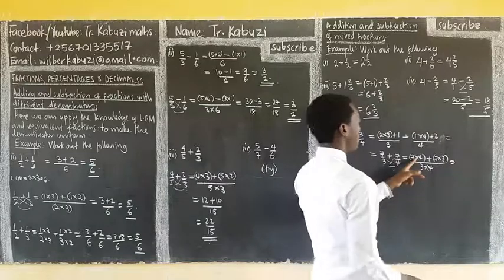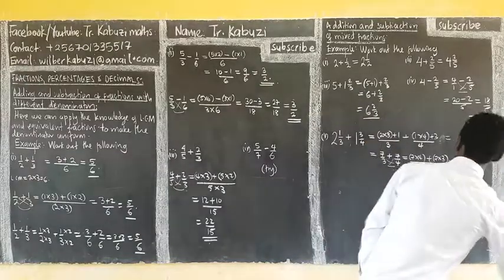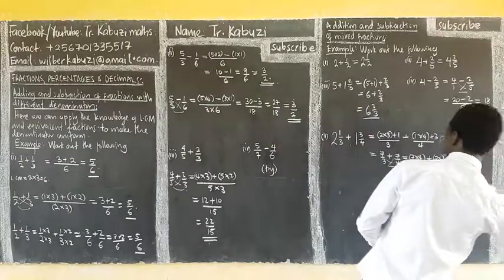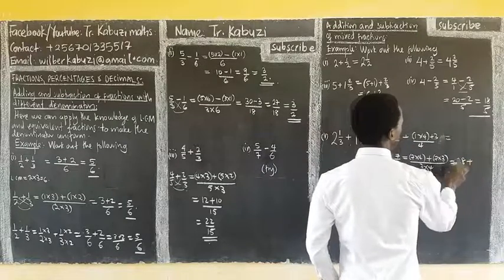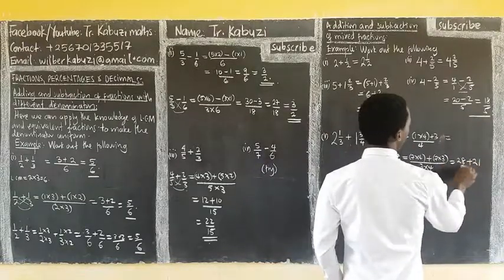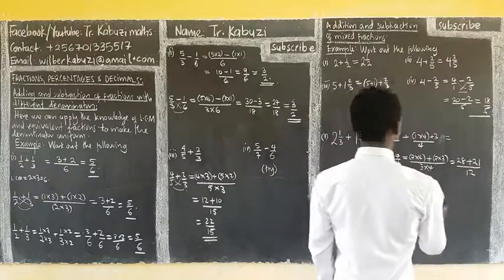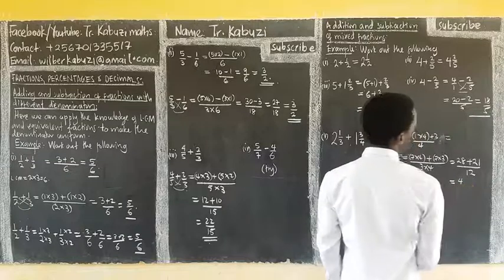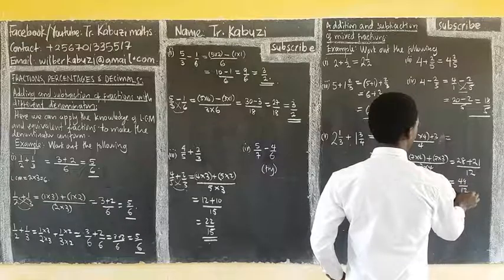This is going to give us 28, then plus this and this, we get 21, down over 12. So how do we simplify this? This will give us 49 over 12.